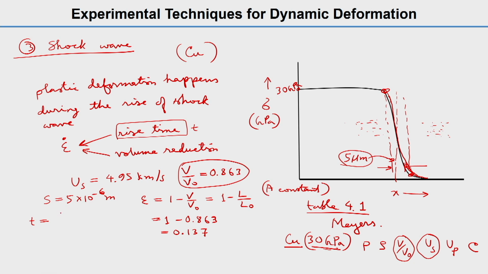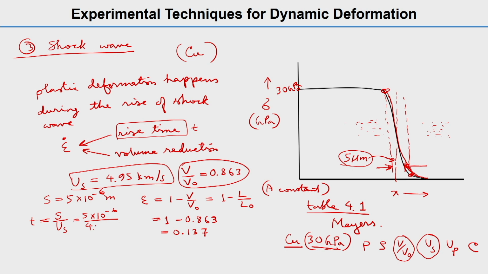This time will be s, the distance of the width. So you can see the time required to raise the pressure is s, which is 5 micrometer divided by the shock wave velocity. So that will give us 5 times 10 to the power minus 6 divided by the shock wave velocity.